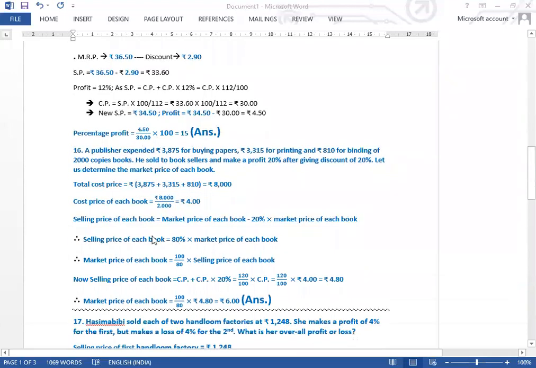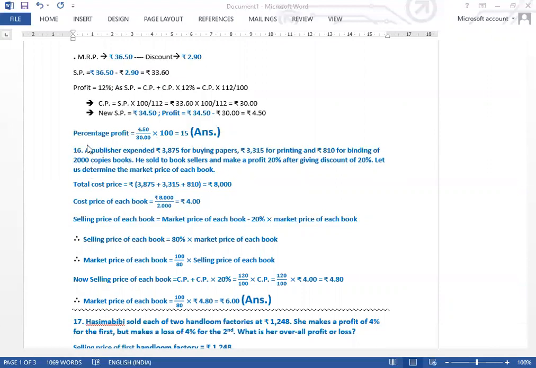Number 16, a publisher expended rupees 3,875 for buying paper, rupees 3,315 for printing, and rupees 810 for binding of 2,000 copies of books.